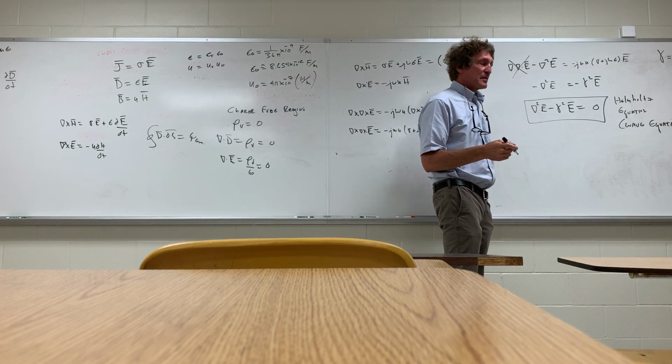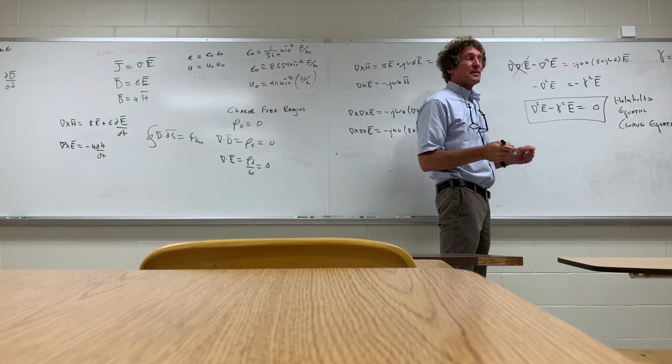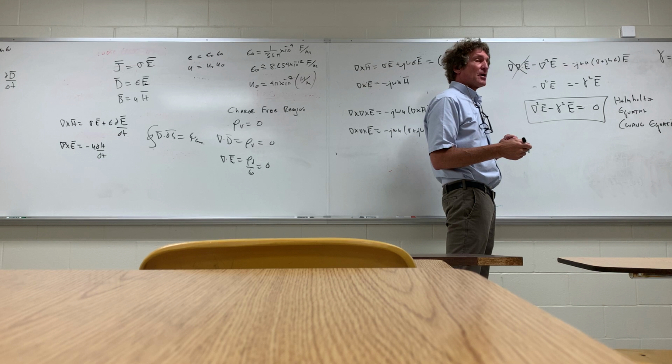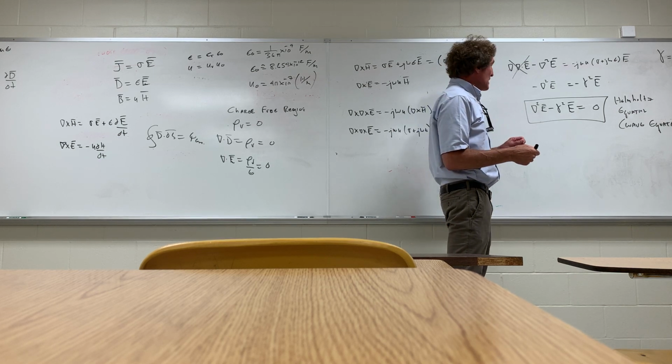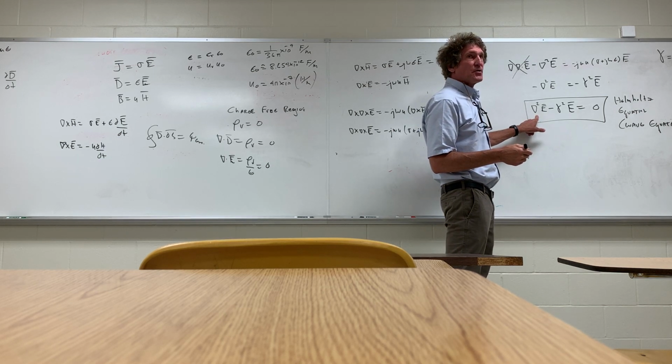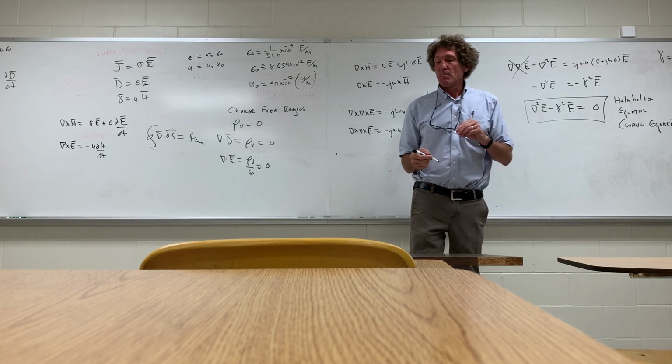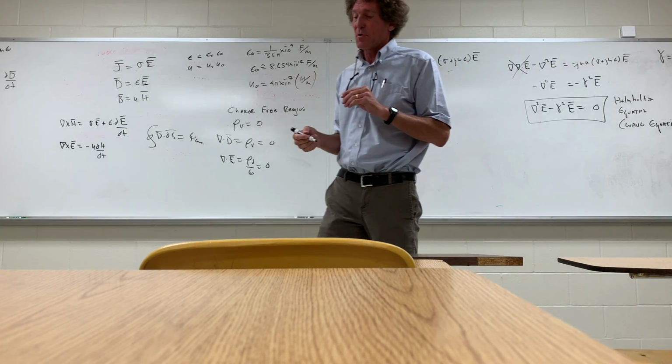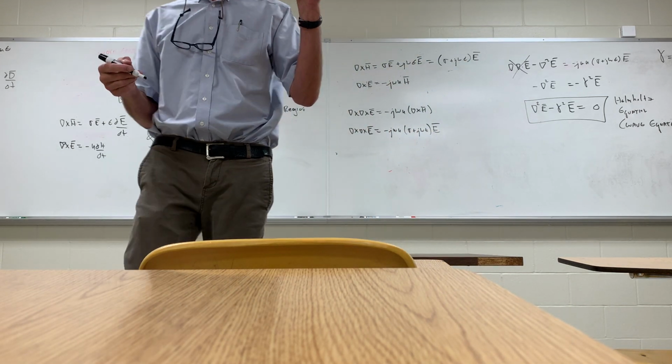I'll just tell you, the del squared of E is a vector del squared operator, not a scalar. Anytime you have a del squared, you have second order partial derivatives in x and y and z.